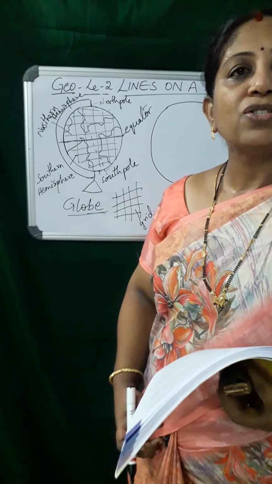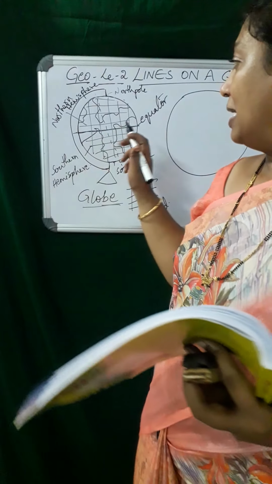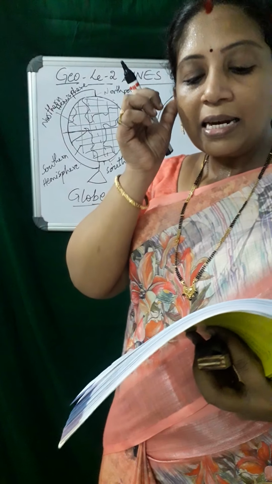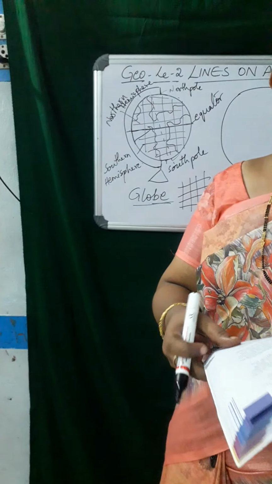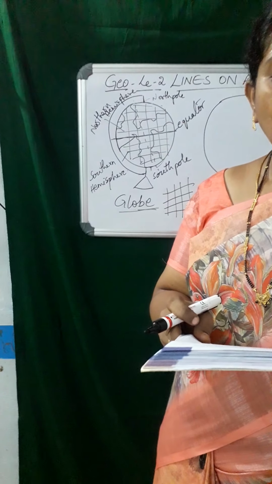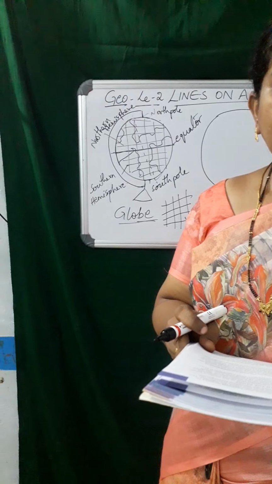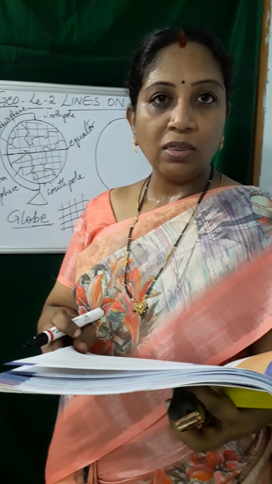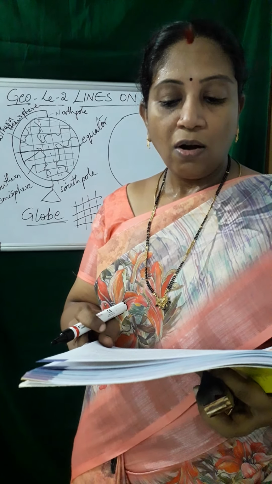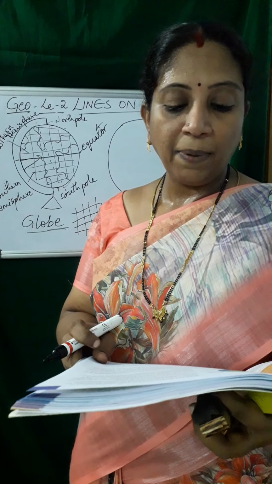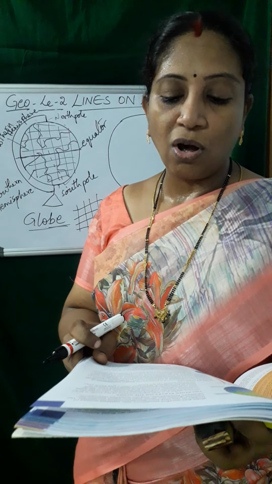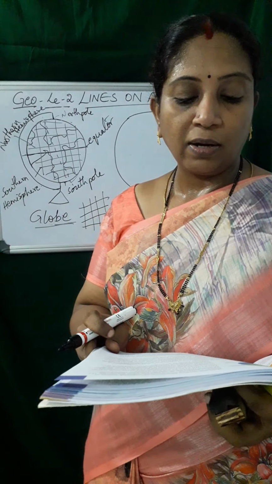So first let us know about the lines of latitudes. Latitude is the distance of a point on the earth's surface north or south of the equator. It is expressed in degrees north (N) or south (S), depending on whether it lies to the north or south of the equator.